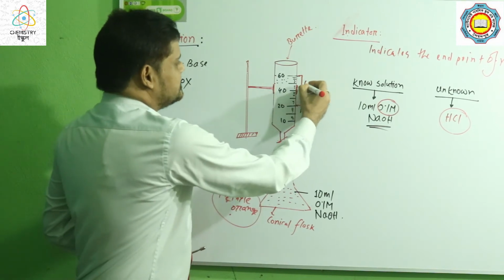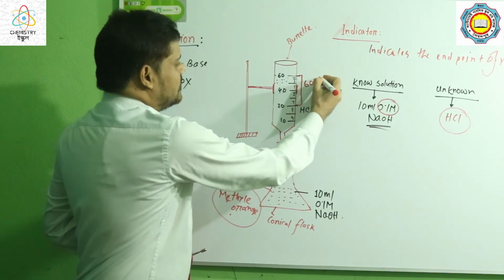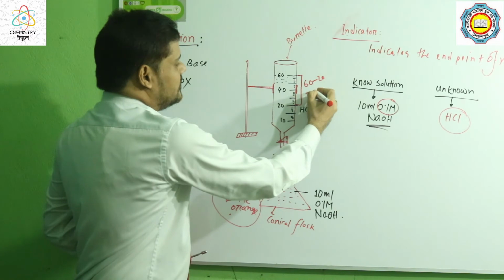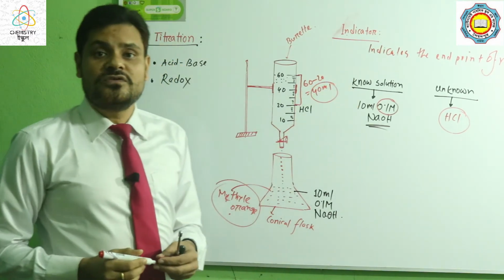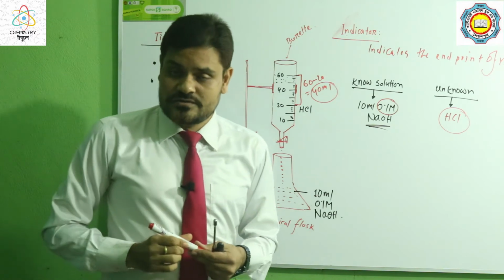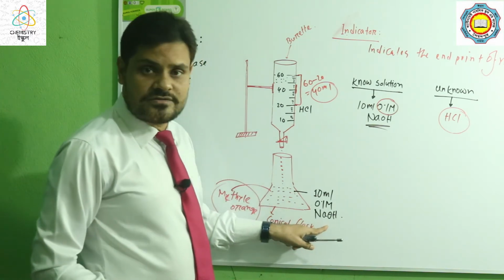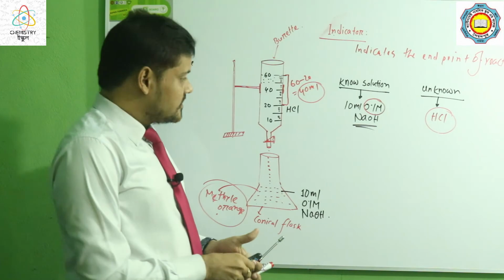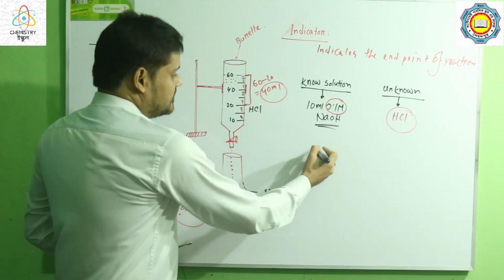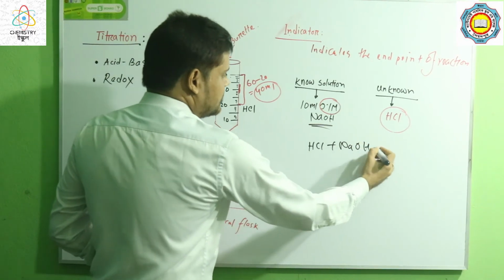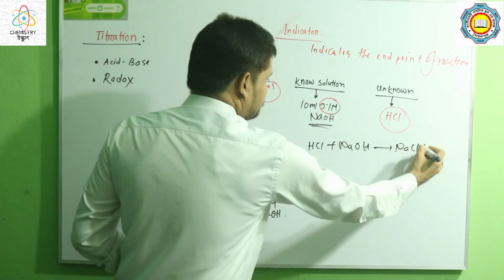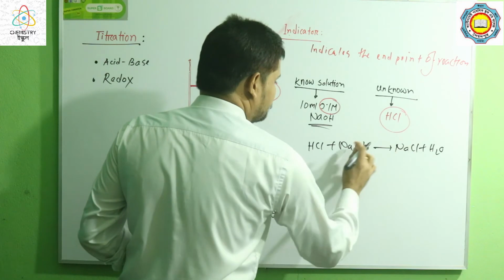Look at this, the needed value is 40 milliliters of hydrochloric acid to neutralize the sodium hydroxide. The related reaction is HCl plus sodium hydroxide, and salt and water will form here.